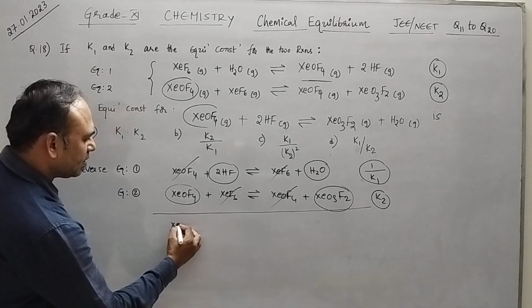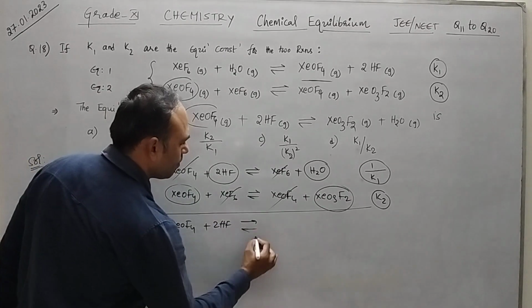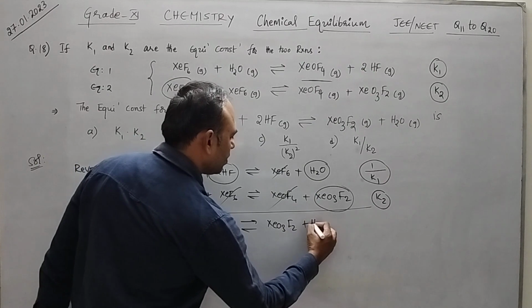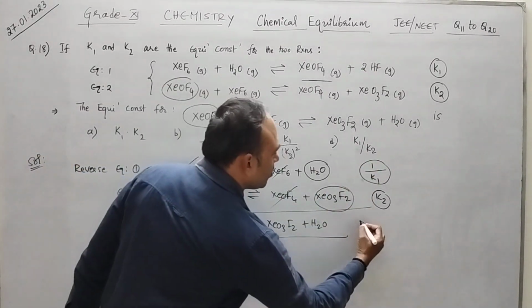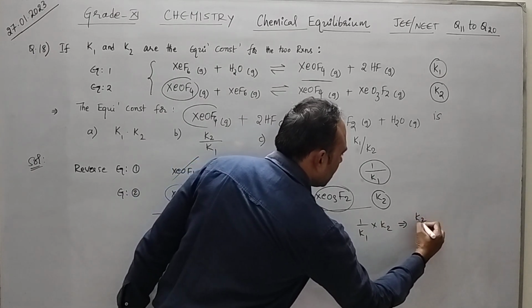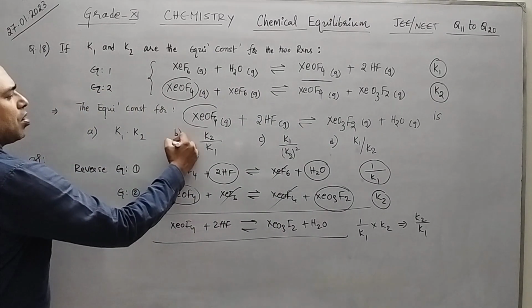Therefore we can write like this: the products will be XeO3F2 plus H2O. So you got the required equation, and now you have to multiply this 1 by K1 into K2, nothing but K2 by K1. So what is this? Option B is your answer.